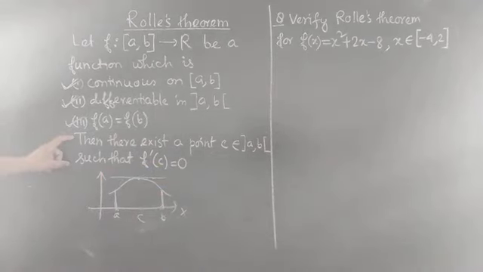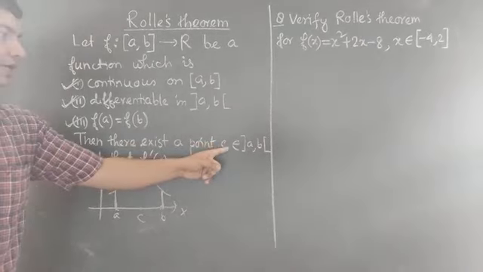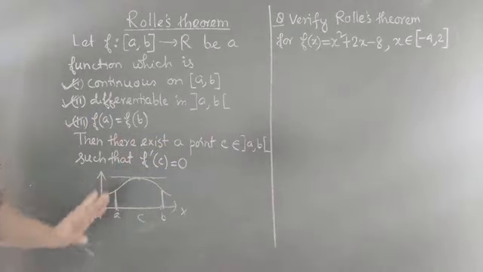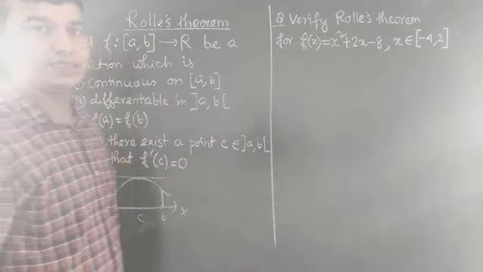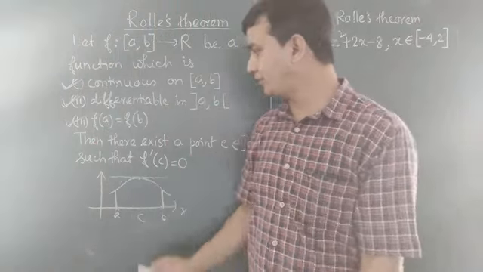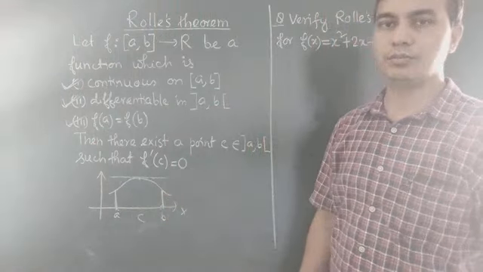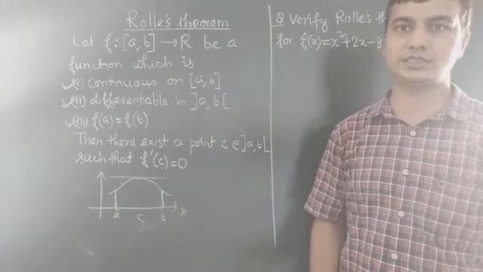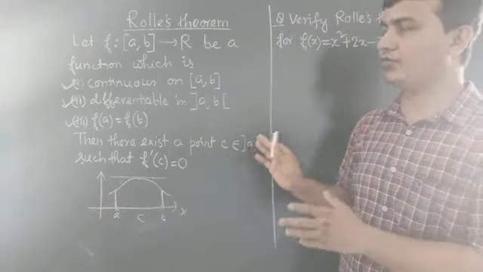This is the meaning of this line: there exists a point c in between a and b such that f dash of c equals 0. f dash of c means the slope of the tangent at the point c is equal to 0, meaning the tangent at the point c is parallel to the x-axis. So this is the geometrical meaning of Rolle's theorem.